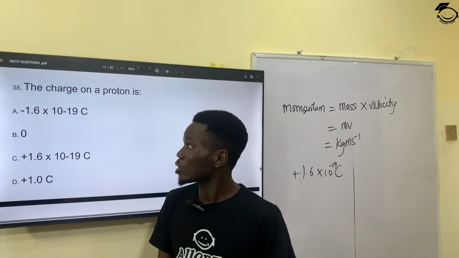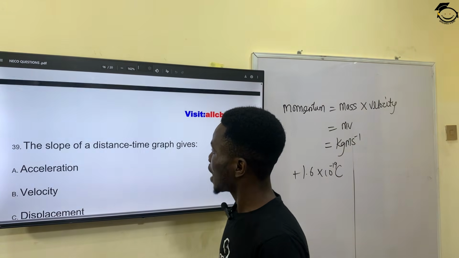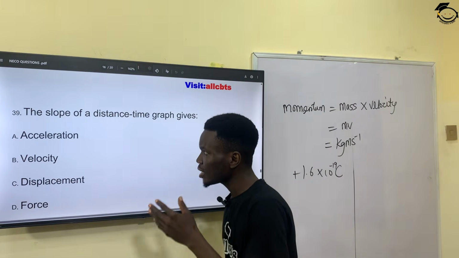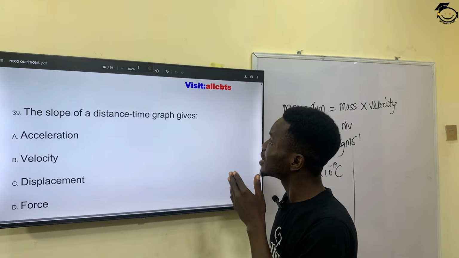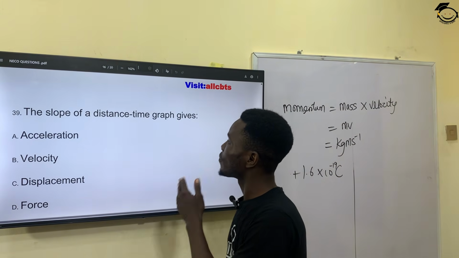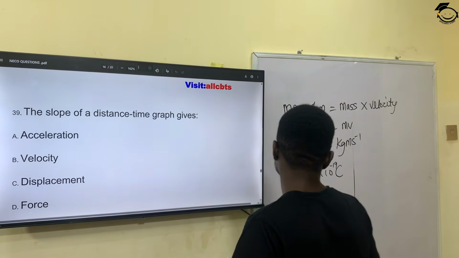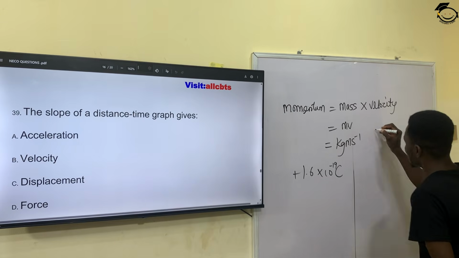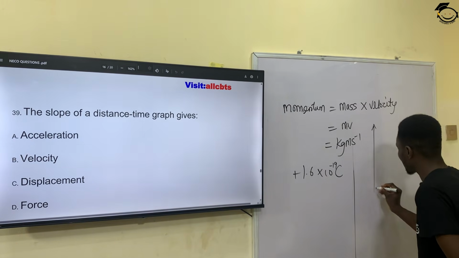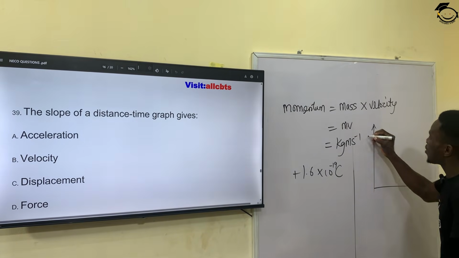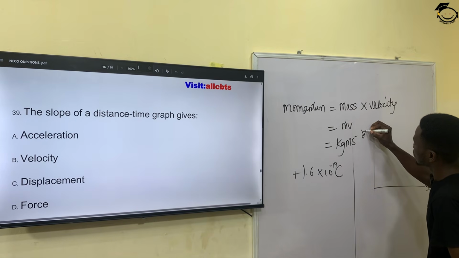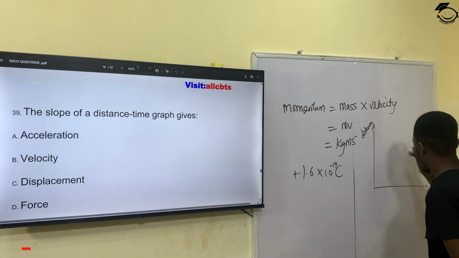So that takes us to question number 39, which says, the slope of a distance time graph gives dash. So if I have a distance time graph, here I have my distance and I have time.